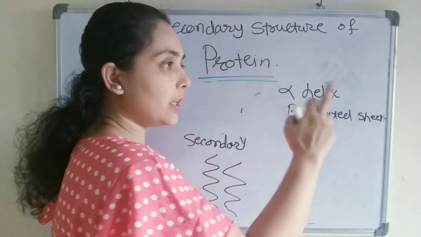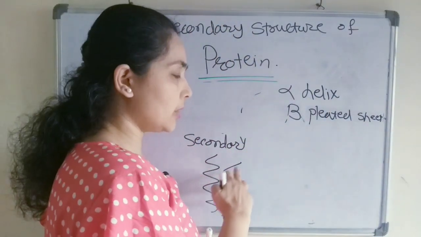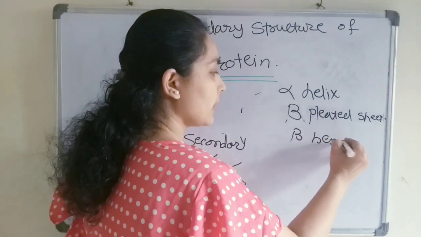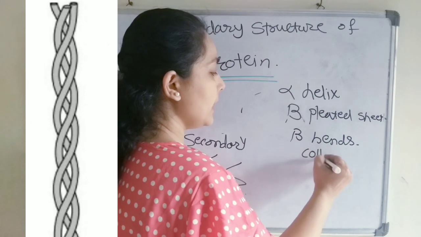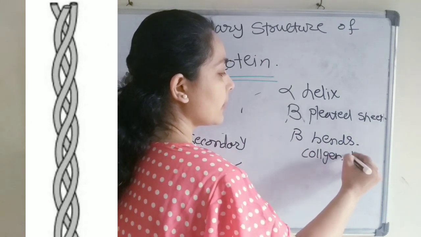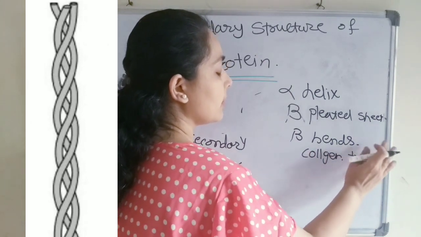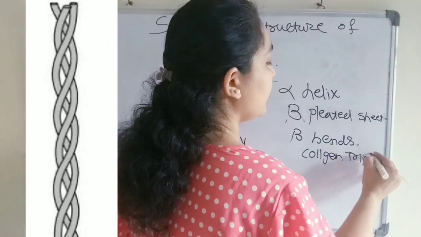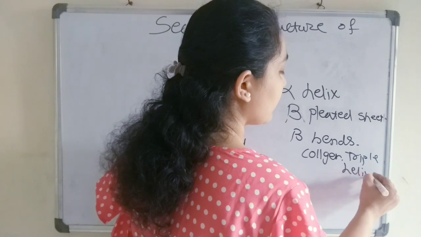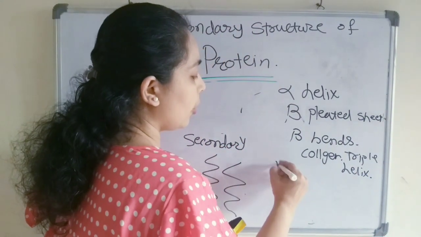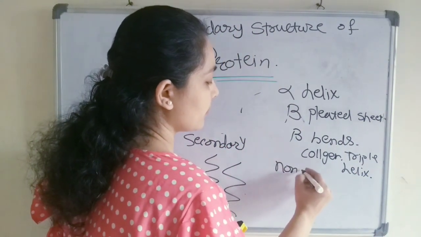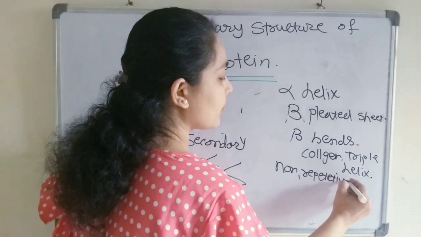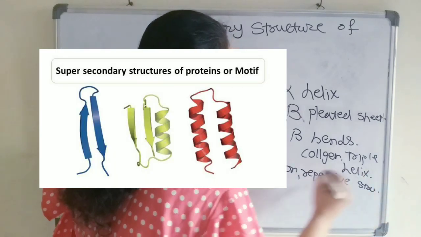Helical structure, zigzag structure or beta pleated sheet, then beta bends, collagen triple helix, non-repetitive structure, and super secondary structure.